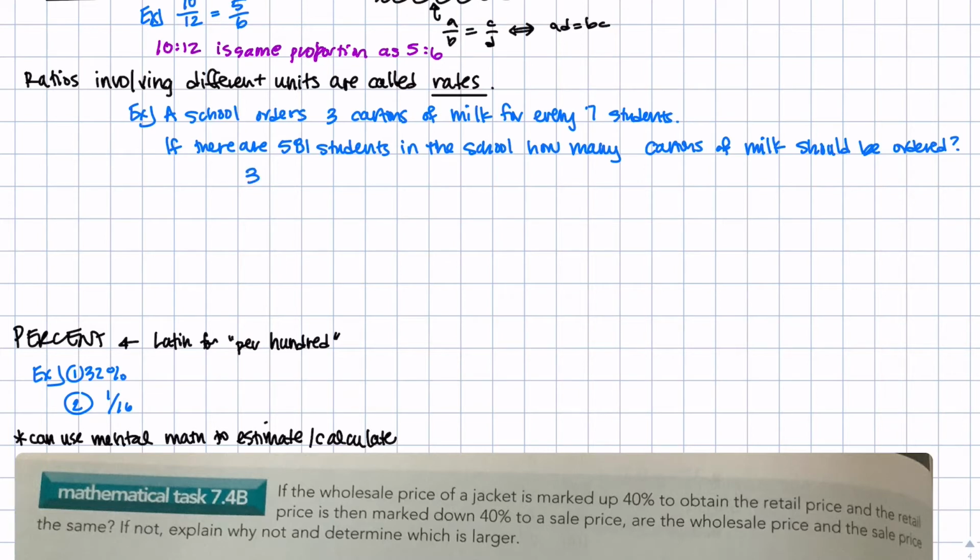I have 3 cartons of milk for every 7 students. And I want this proportion to be the same if I have 581 students. So the question is asking me, how many cartons do I want?